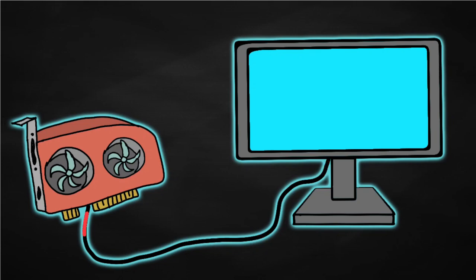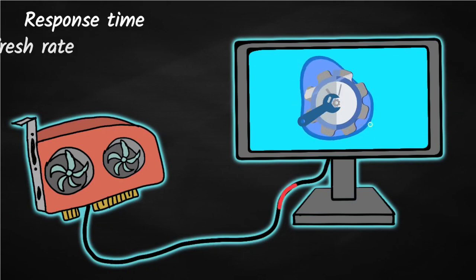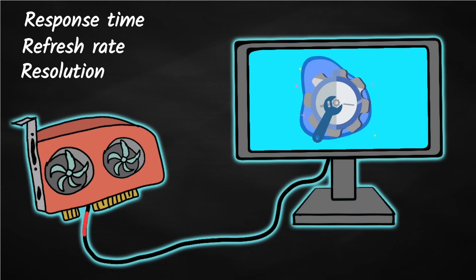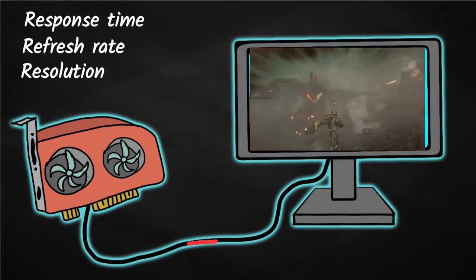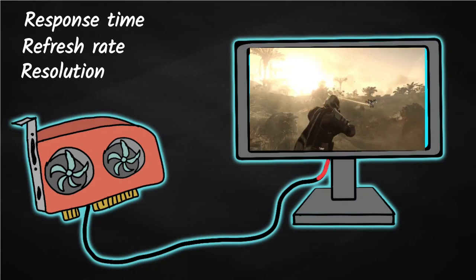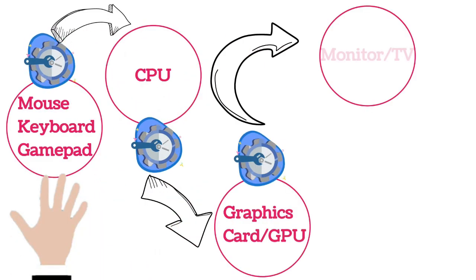And finally, the monitor or TV processes the input given by the GPU according to its response time, refresh rate, and resolution, and displays it on the screen. Nowadays, technology has advanced so much that despite having such a long hardware chain, the entire process can be done within just a few milliseconds.